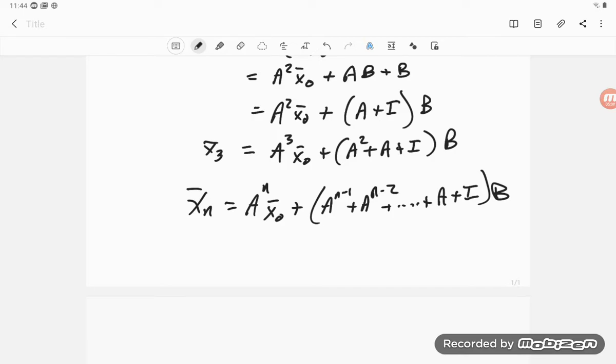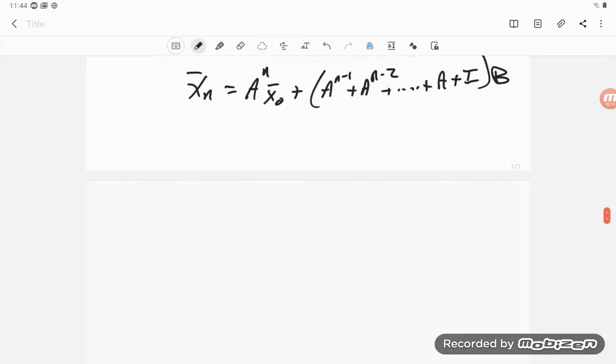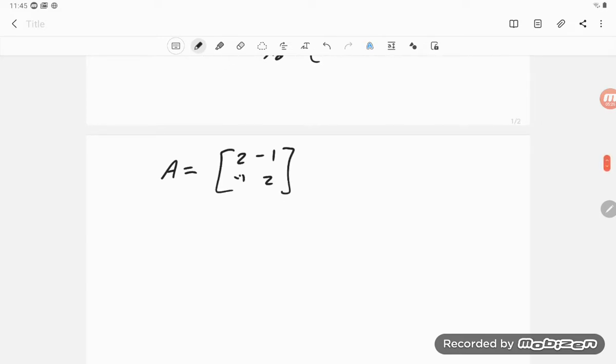Well, maybe. Let's take a look at it. We have A is this matrix 2, -1, -1, and 2. So let's find the eigenvalues of it.